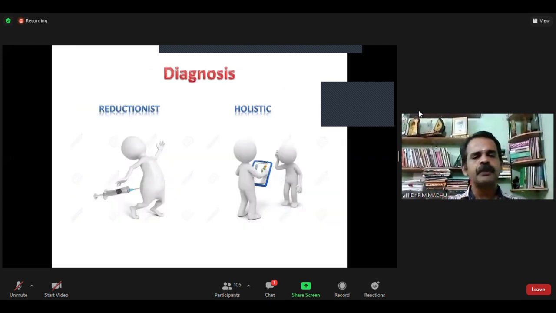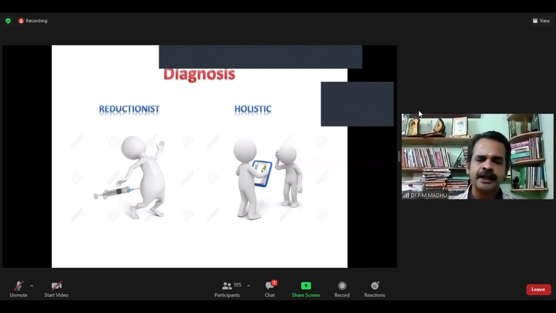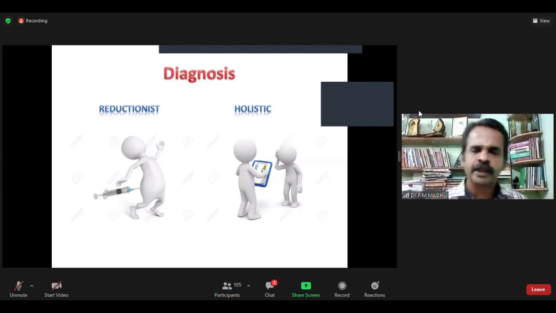So you see, as per Ayurvedic principles, we are approaching the patients in a holistic way, while modern physicians are approaching the patients in a reductionist way. That means if a lesion is there, they treat that particular lesion. For example, if there is a brain tumor, they will remove that brain tumor by surgery.